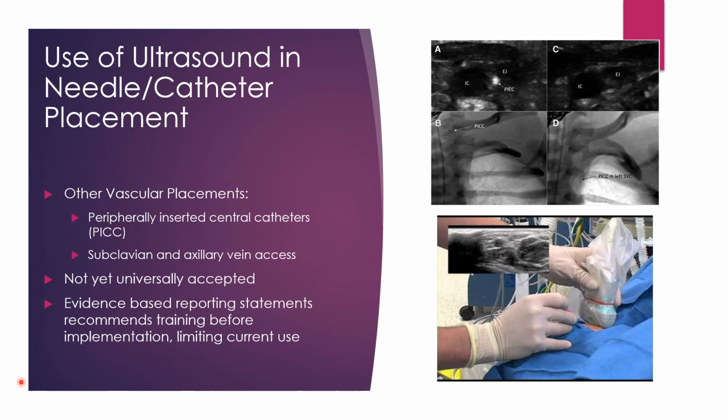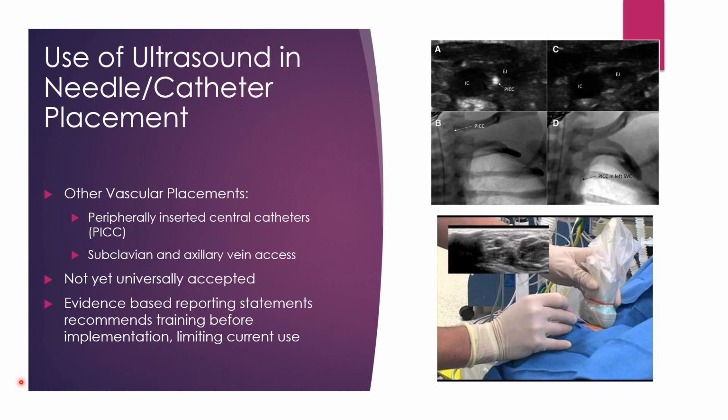Additional vascular placements that we didn't talk about yet: we talked about the internal jugular and the common carotid artery, but we know that ultrasound guidance is often used for PICC line placement, as well as subclavian and axillary vein access. Now, in these smaller veins like the subclavian and the axillary, there's not yet any universally accepted recommendations by any associations.